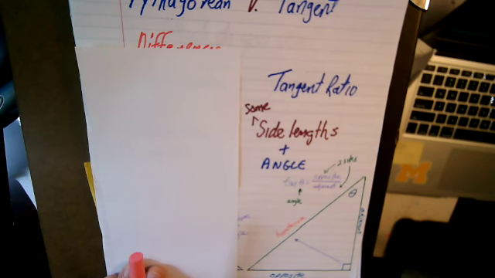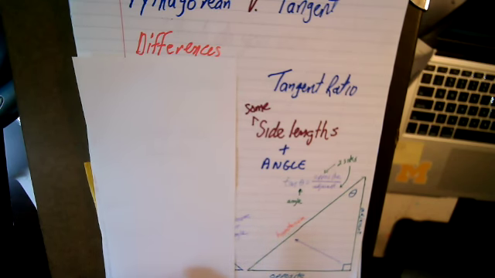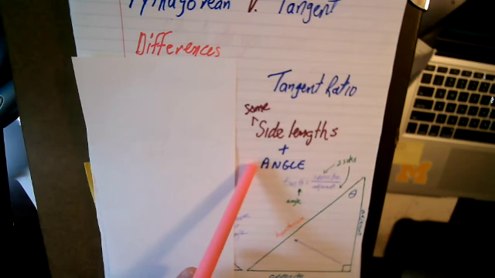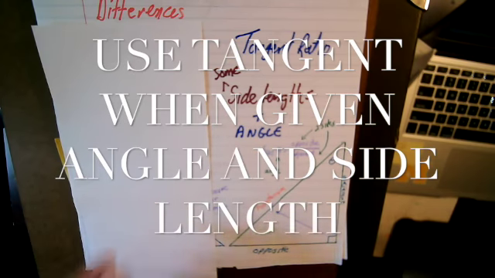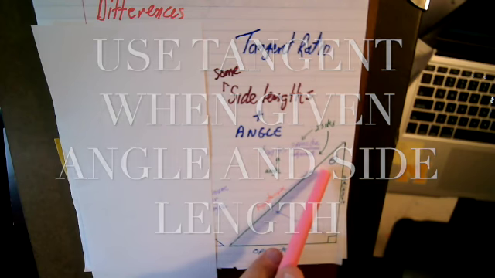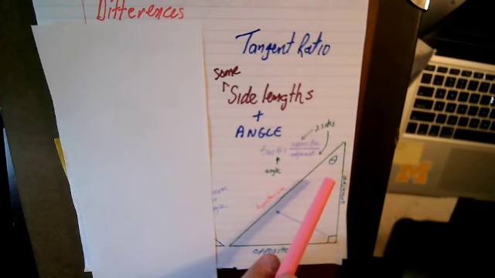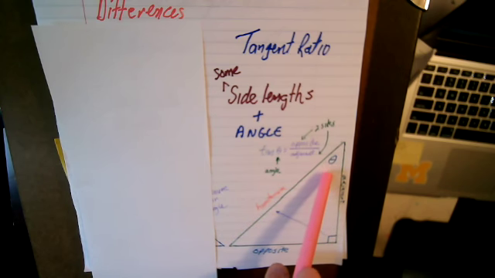For the tangent ratio, we don't need all of the side lengths. In fact, one side length is enough so long as I'm given an angle. So what the tangent ratio does is it connects the measurements of the angles on the inside, the relationship of the triangle looking from the inside, and is often given by this: we use theta as a placeholder for the angle.